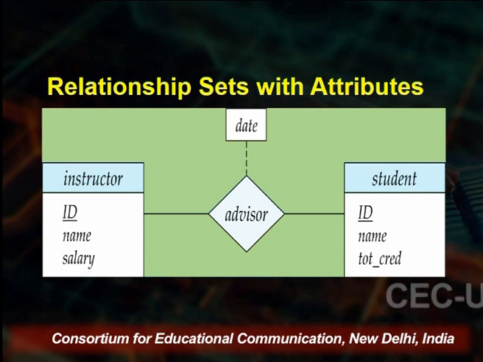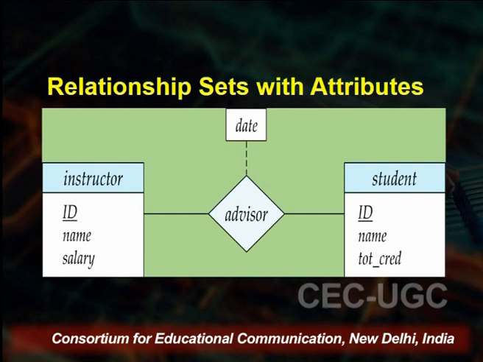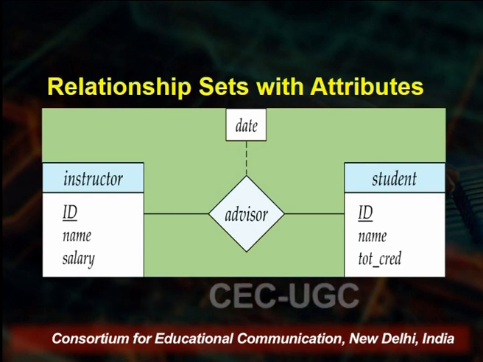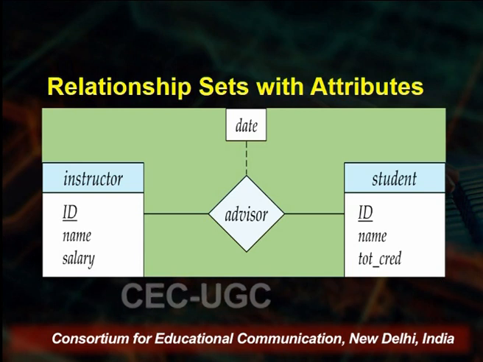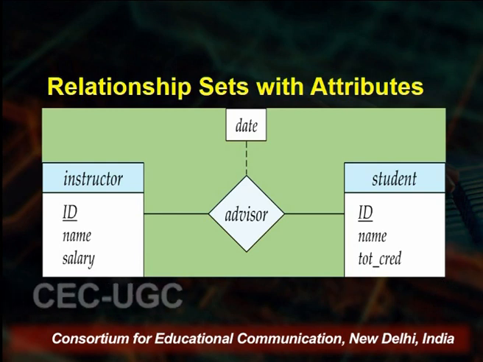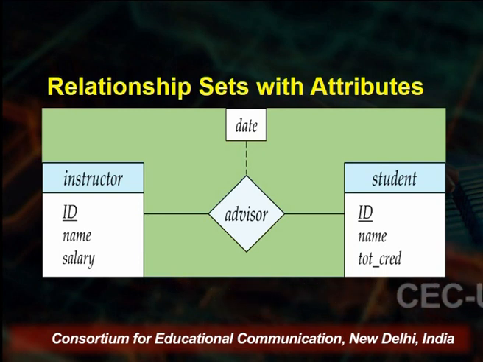To represent the attribute of a relationship set, there is a line connecting the relationship set, shown as a diamond, to a small rectangular box, or an oval box; some conventions use an oval box for attributes. The attribute date, which is associated with the advisor, is shown on the screen as a rectangular box attached to advisor.